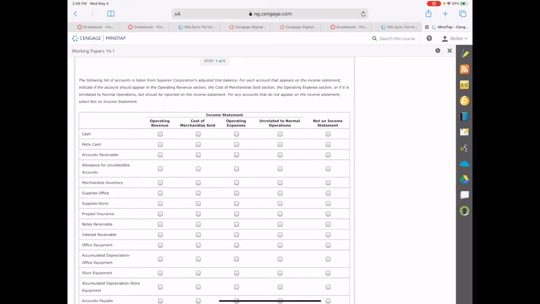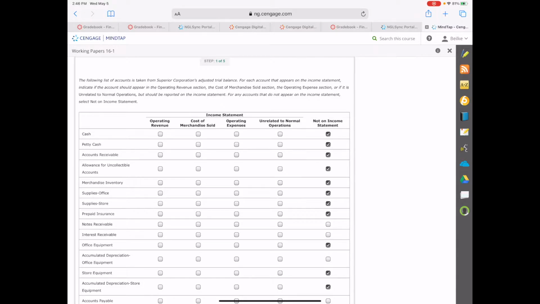Cash is an asset along with petty cash and accounts receivable. Remember, assets are not located on your income statement, so those three would go there. All of your assets belong on your balance sheet. So we're going to go through and mark these not on your income statement, because these, again, are all assets all the way down to right there.